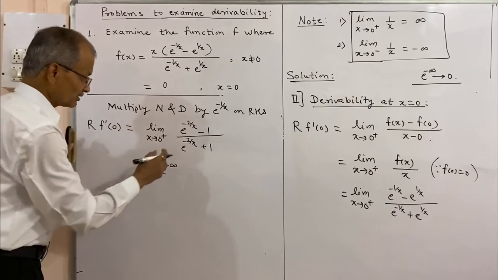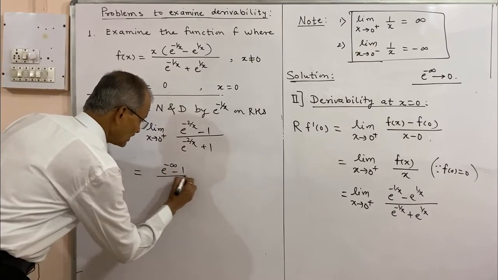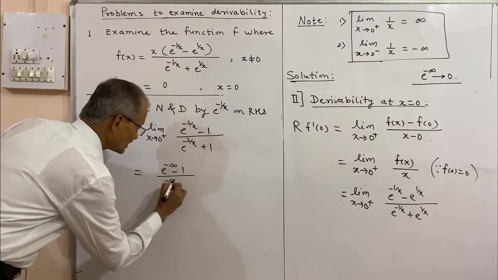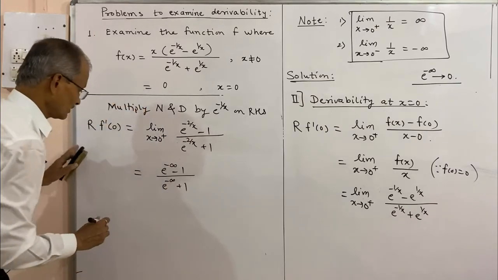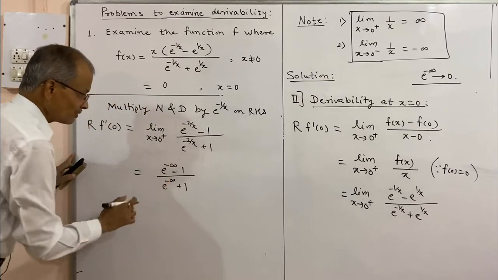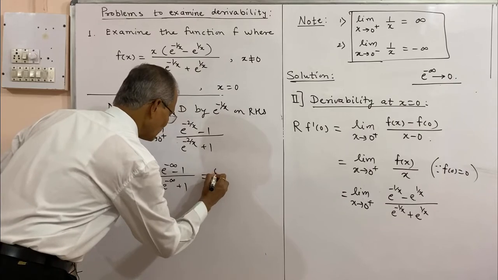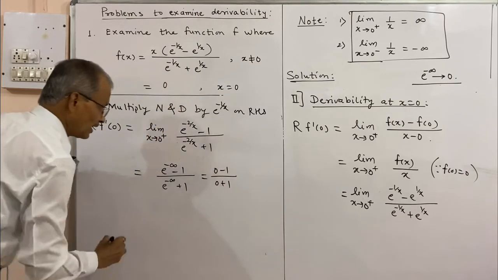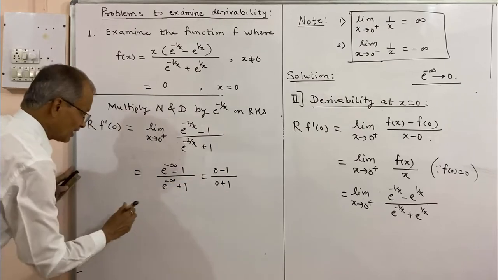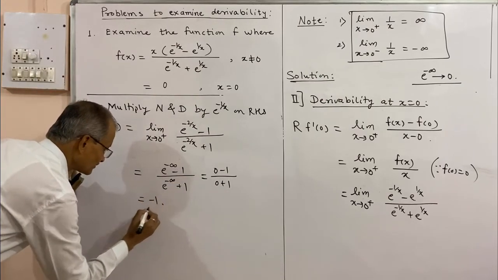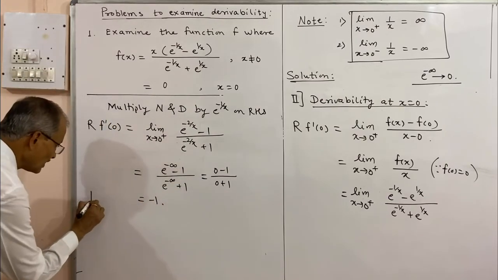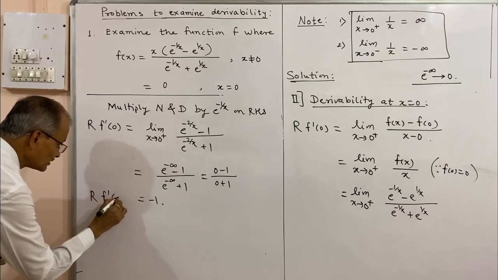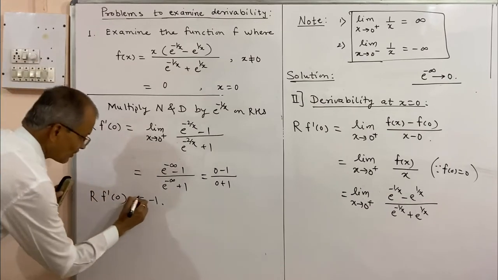Therefore e raised to minus infinity minus 1 divided by e raised to minus infinity plus 1, and thus e raised to minus infinity is 0, so 0 minus 1 divided by 0 plus 1, and that is minus 1 divided by 1, which is equal to minus 1. And that we have obtained: R f dash at 0 is equal to minus 1.